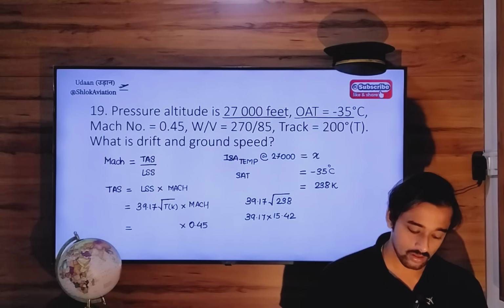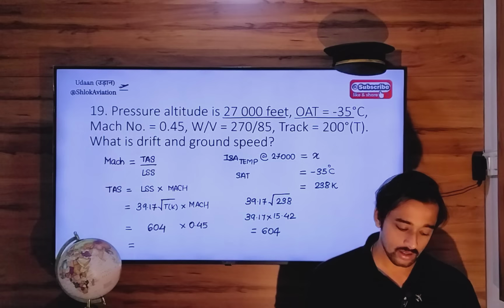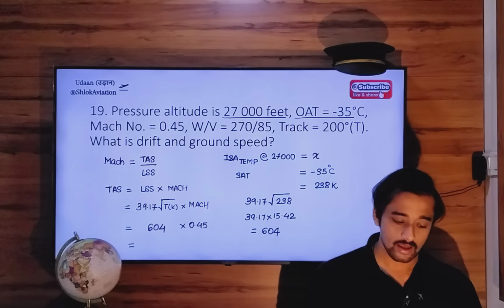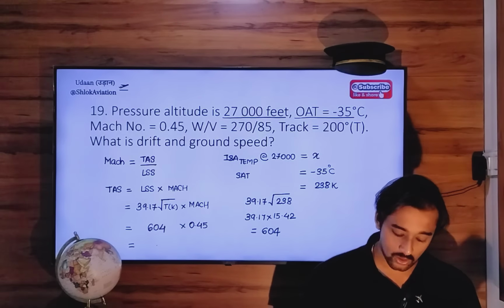That means local speed of sound at this altitude where temperature is minus 35 Celsius is 604 knots. Now multiply 604 into 0.45. You get 272. That means the true airspeed of aircraft is 272 knots.